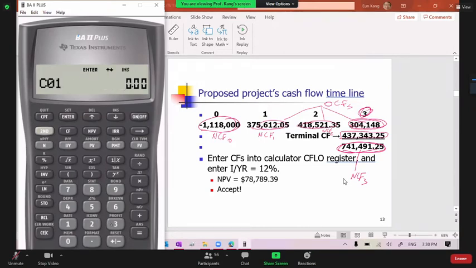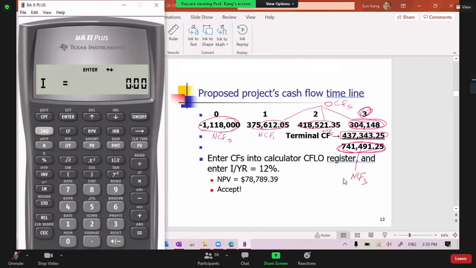C1 is 375,612.05. Enter. C2 is 418,521.35. Enter. F3 is what? 741,491.25.